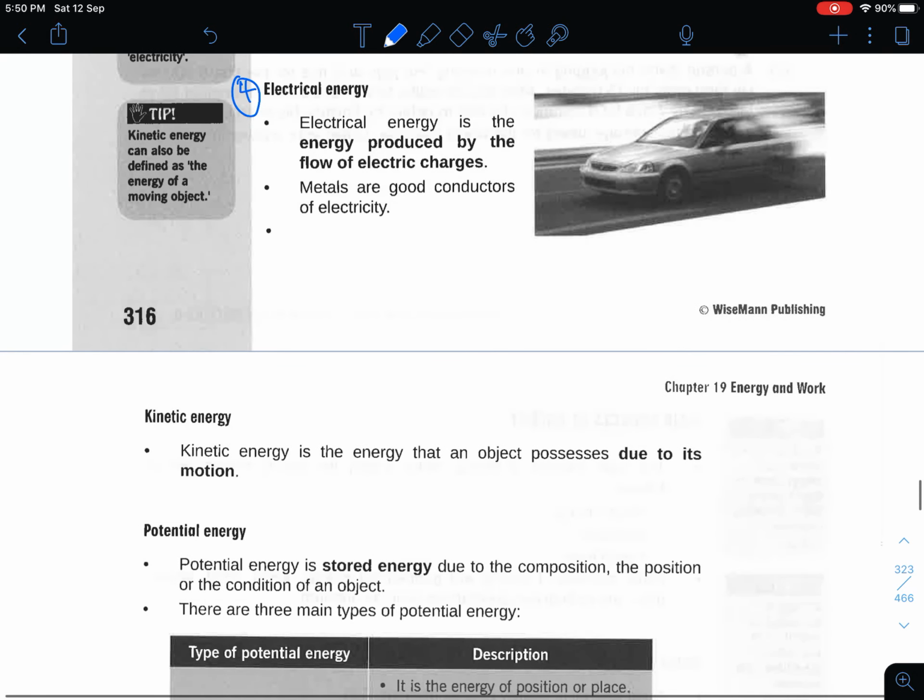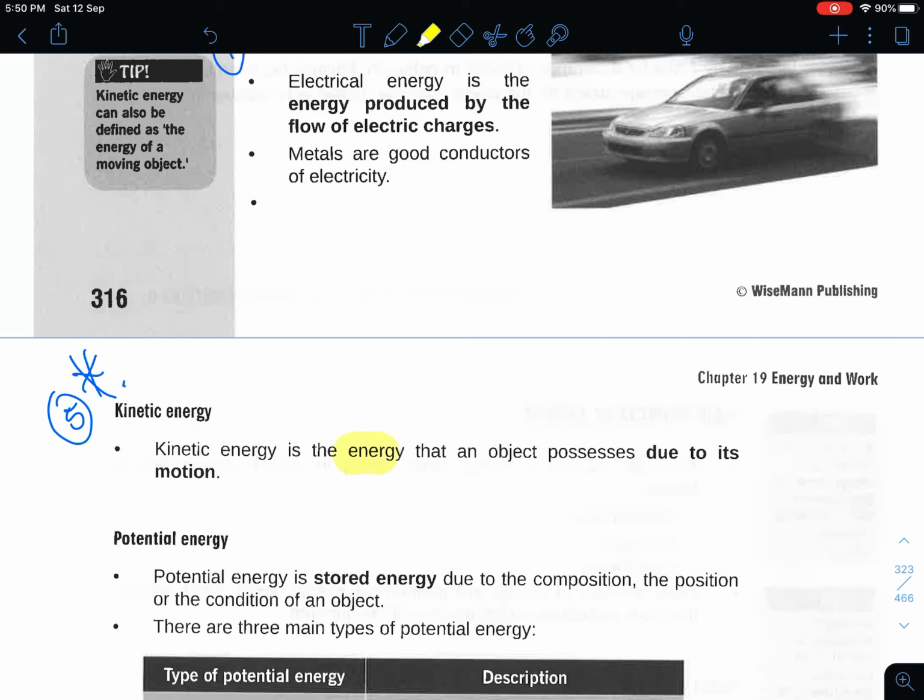And number 5, this is important and commonly asked: what is kinetic energy? Kinetic energy is the amount of energy that an object possesses due to its motion. That means moving energy. The formula to calculate kinetic energy is half times mass times velocity squared.